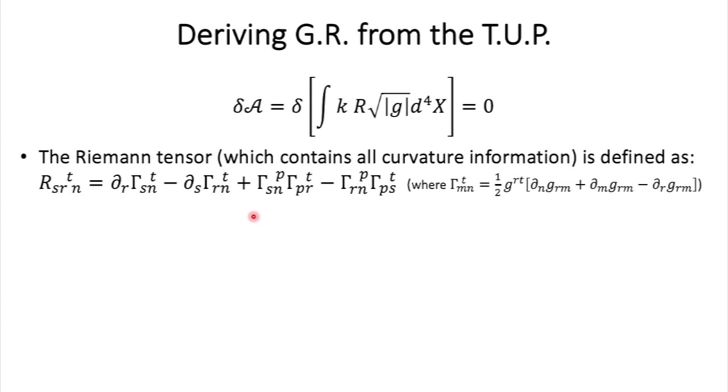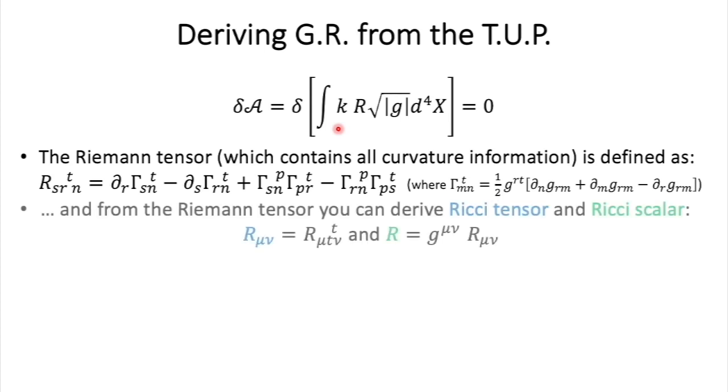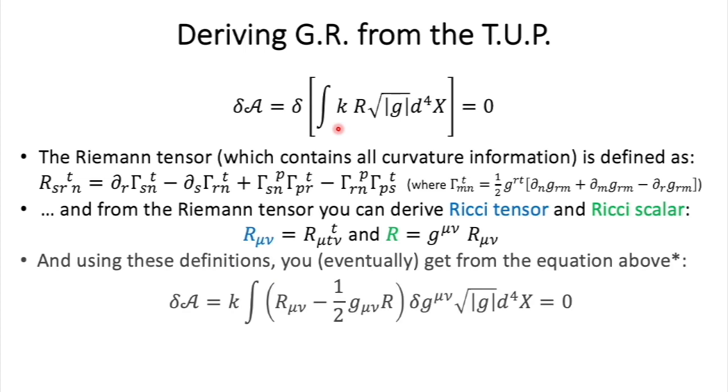And when you do that, and you develop the integrand here, then you apply some boring and tedious calculus of variations rules on the Riemann and Ricci tensors, and eventually you get something like this.